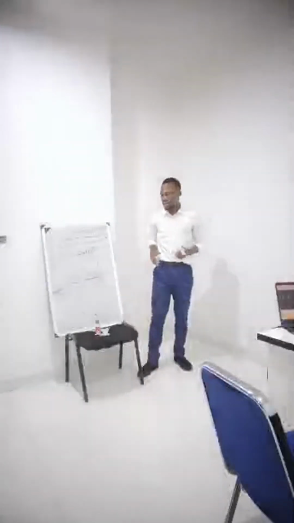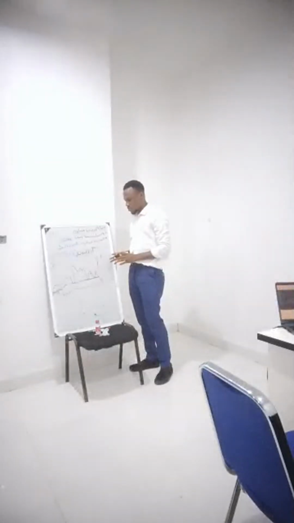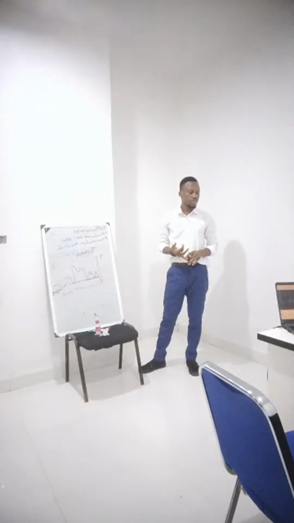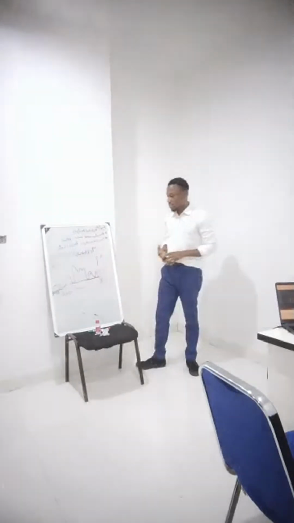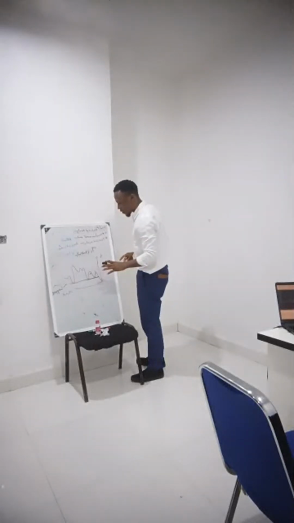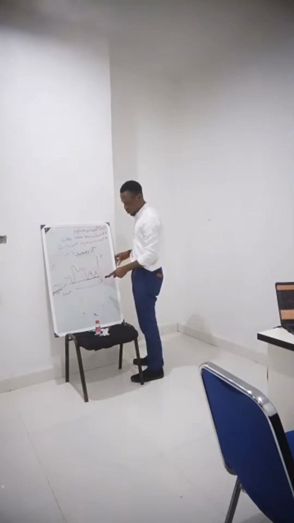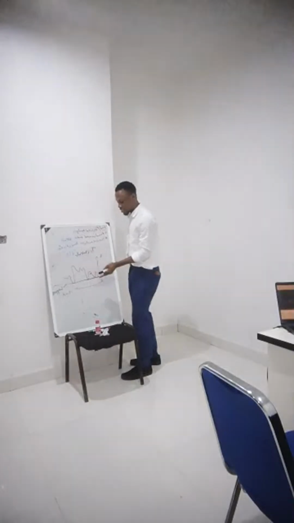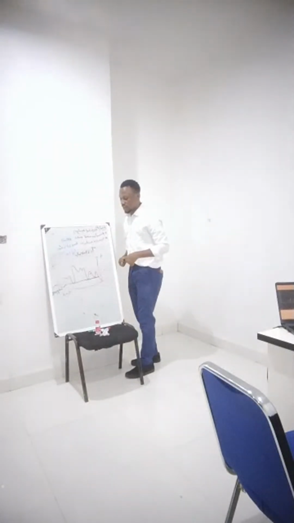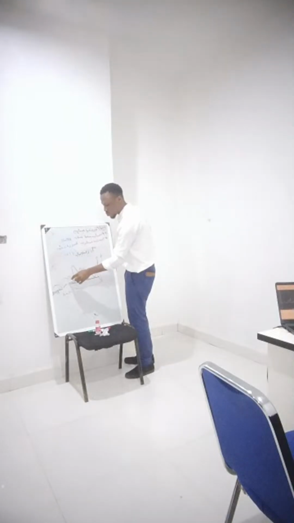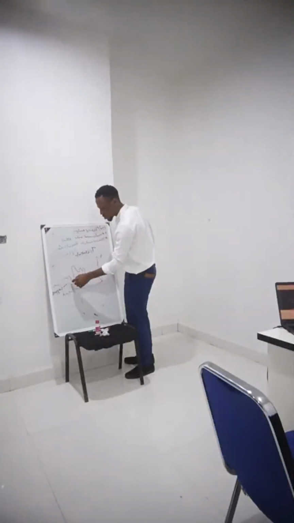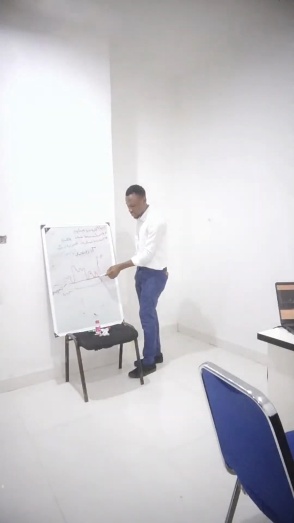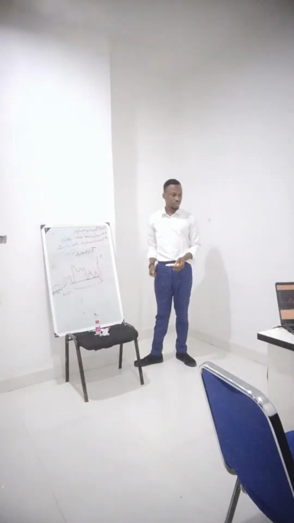Support is a point where there are large buy orders, a lot of people have put a buy order there, and those buy orders are preventing sellers from breaking below. For sellers to break the support, for the market to sell below this particular support, the volume of the sell will have to be higher than the buy orders that are here.